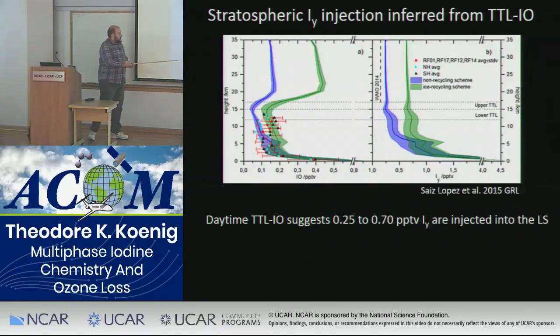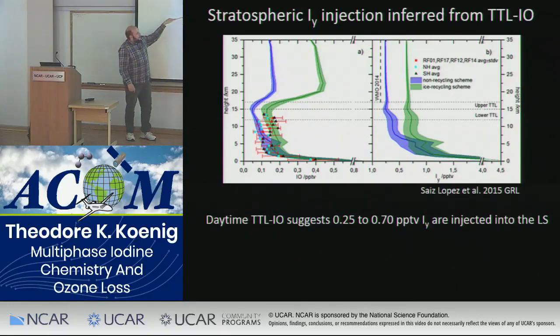This is a paper from Saiz-Lopez, 2015, which is where we got this number of a large injection of Iy into the stratosphere based on our tropospheric measurements. These are all the tropospheric measurements we were using at the time, and they essentially line up with two different cases.